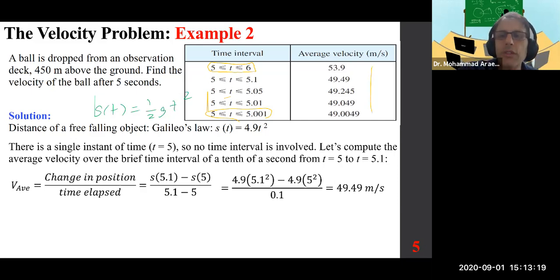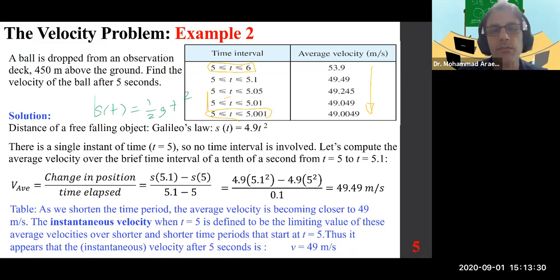The trend seems to be that these numbers are approaching a specific number, which seems to be 49. Okay? So according to this observation, you would say the instantaneous velocity is 49 meters per second. This is a numerical approach, class. There is a graphical approach, numerical approach, and analytical or algebraic approach. This is the numerical approach to get us started.